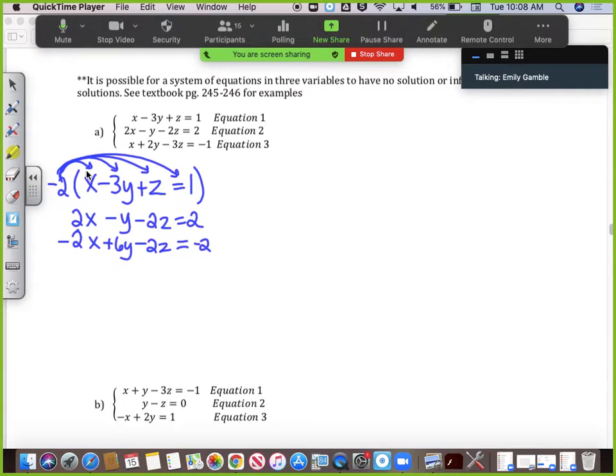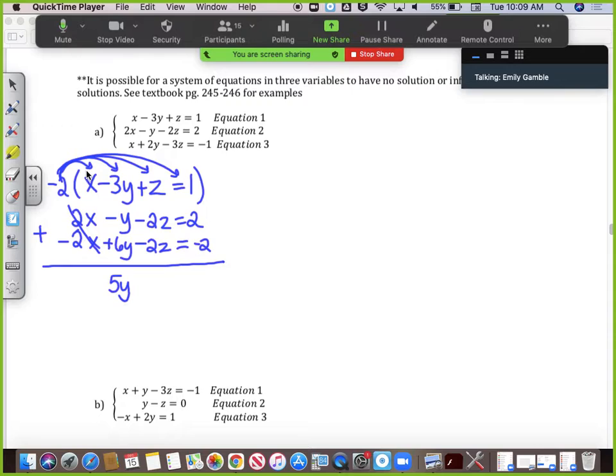All right, so once I have all of that, I did that specifically so that when I add these equations straight down, the x's are going to go away. So 2x plus negative 2x cancels out, eliminates. Now I'm only going to have two variables left, which is easier for me because that's what we're used to from the last section. Negative 1y plus 6y is 5y.